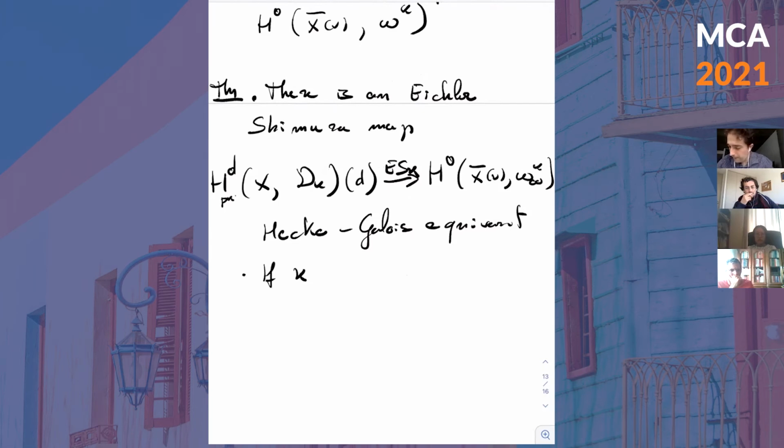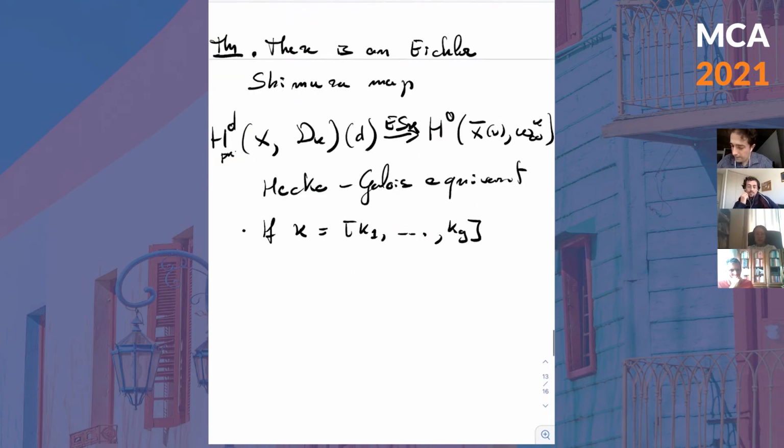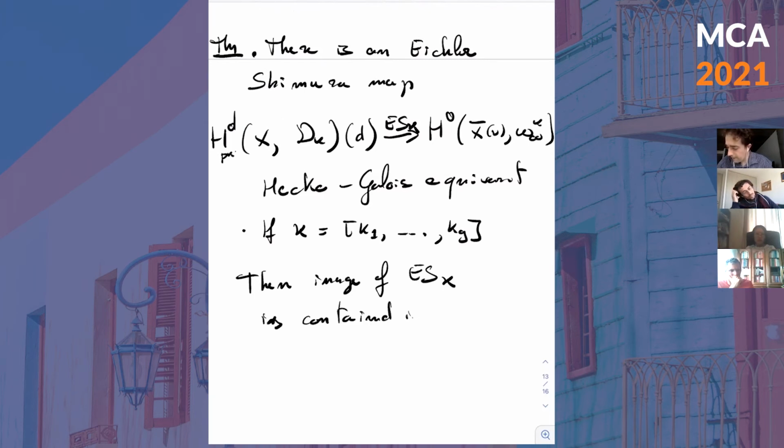If kappa is a classical weight, k1, ..., kg, then the image of the Eichler-Shimura map kappa is contained in M_k(Γ). So somehow this map factors through the classical forms when k is a classical weight. And this is going to be easy to see once I tell you a bit how to compare this.